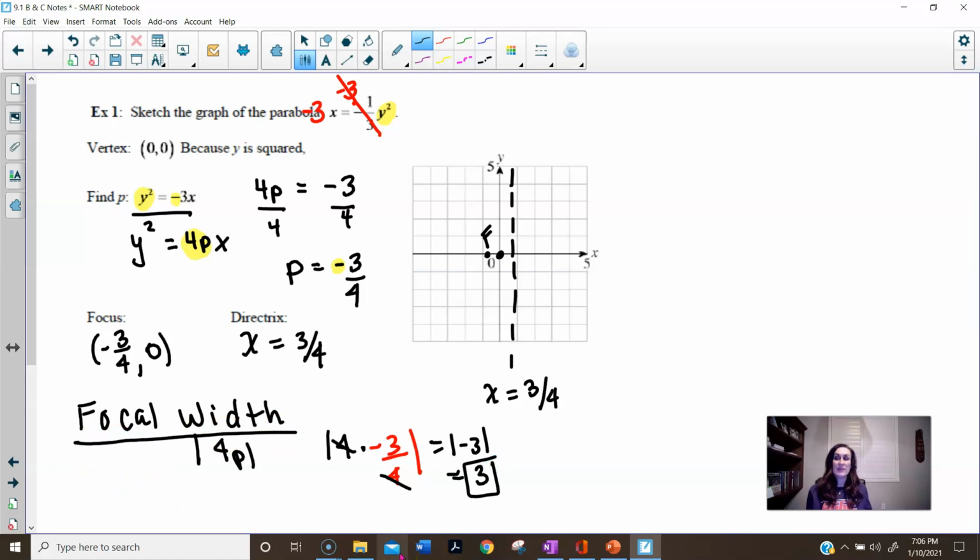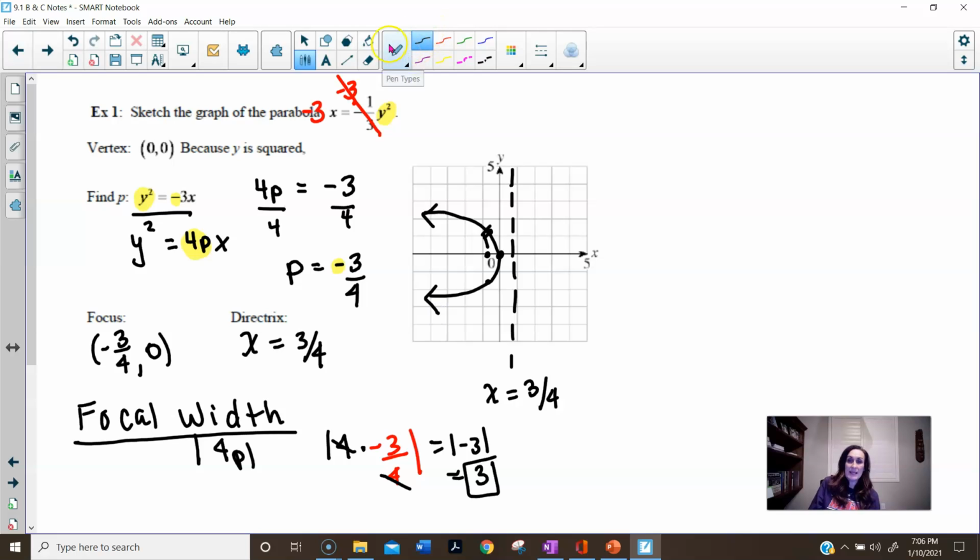So let me show you what that is. You would go to the focus, and you would divide the focal width in half. That means you're going to go up 1.5 and down 1.5, okay? This parabola is going to go through those 2 points like this.